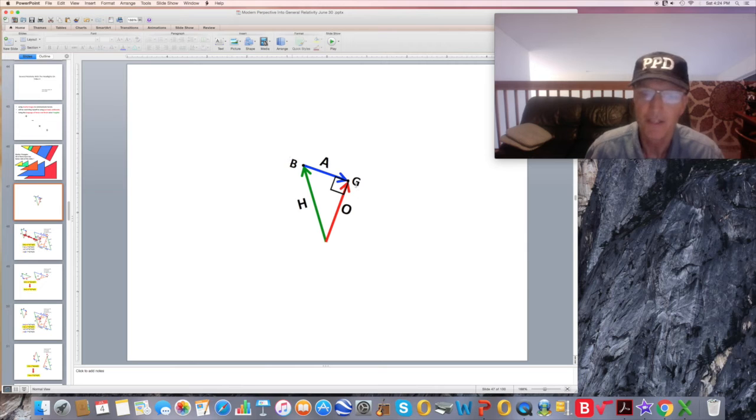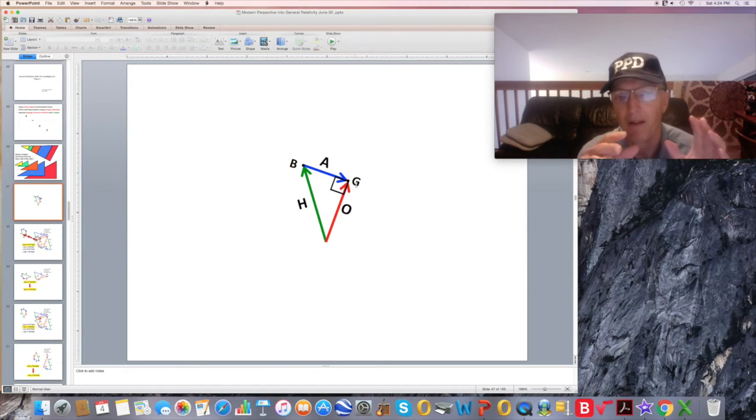Now B and G just has to intersect the red arrow at a quarter turn. That's the only place where the quantum mechanical waves sum up.